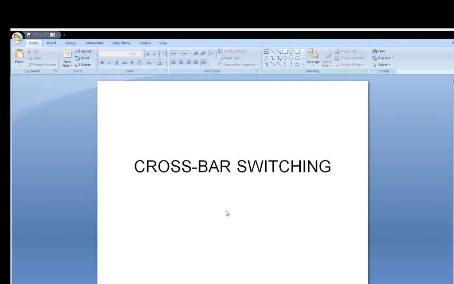Also, there was a failure in the multiple exchange type of situation. Means if we have more than one path between two subscribers, then we cannot use all the paths.